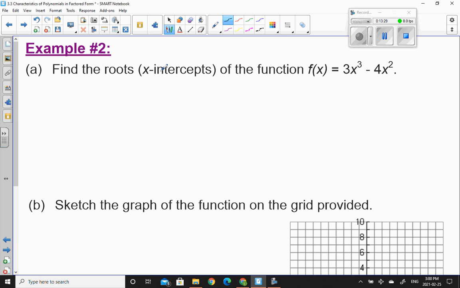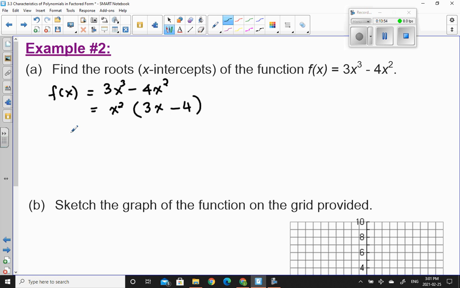Find the roots or x-intercepts for the function f of x equals 3x cubed minus 4x squared. So let's write that function down and factor it to find its roots. We factor out x squared, which is the greatest common factor of these two terms, and in brackets we have 3x minus 4.